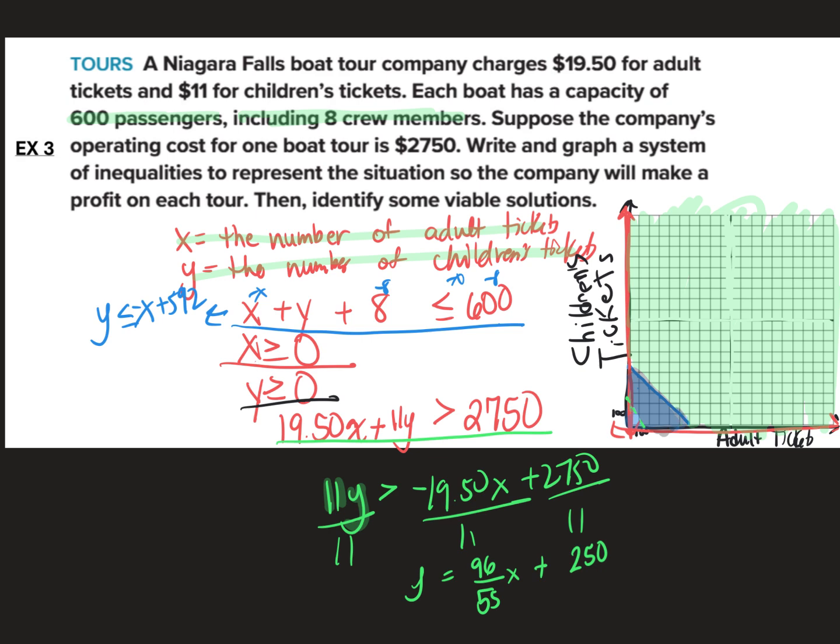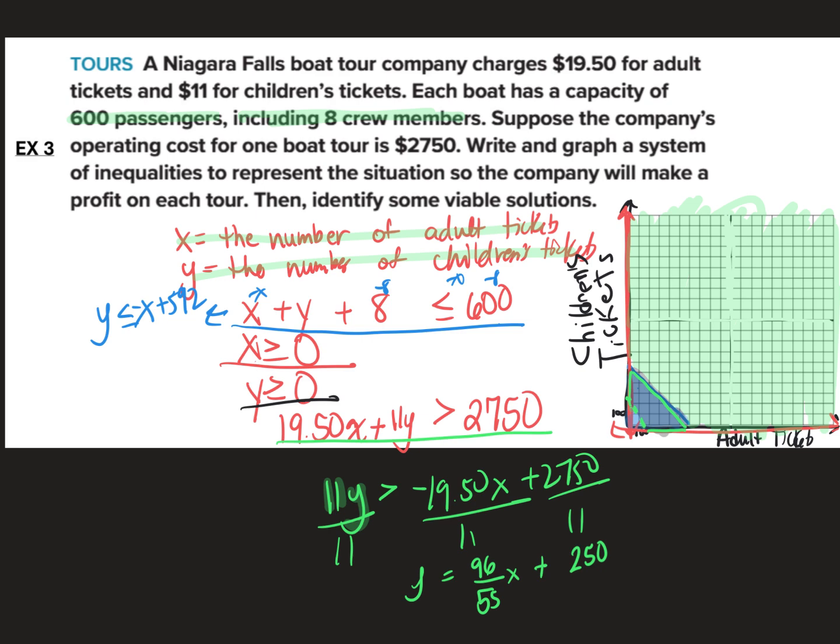I'll outline it with black also. So this dotted, oh, it's back to green, but that's okay. And here, and here. So it's outlined in green. Then it says, write and graph a system of inequalities, which I did.